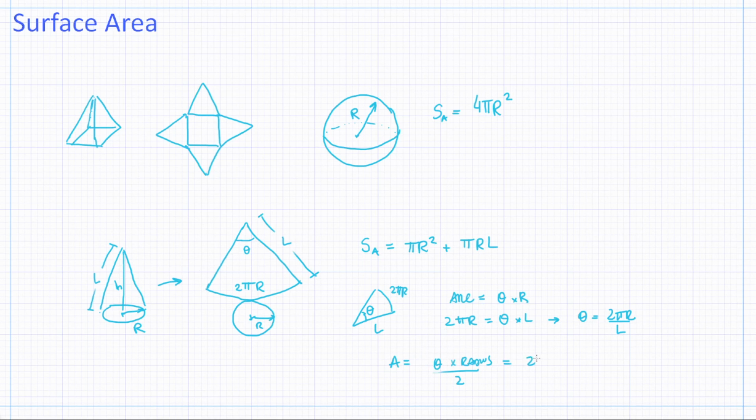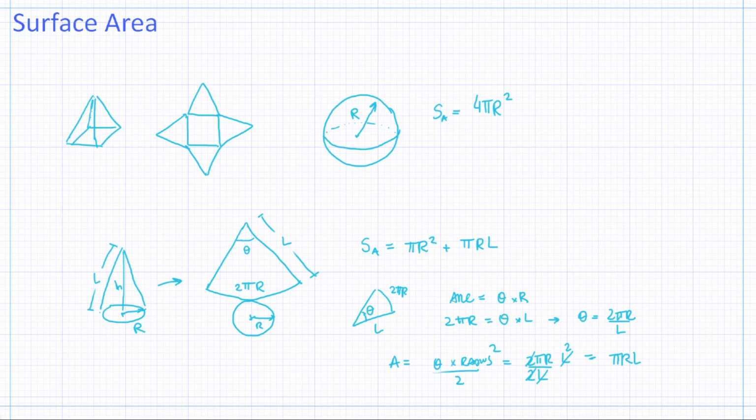Right, so the angle here is 2 pi r over L times the radius. In this case, our radius is L and 2. So if we cross those out, oh, and I forgot a square here, right? So that would be L squared. So we only cross one of those squares out. That's pi r L, and that's what we found here.